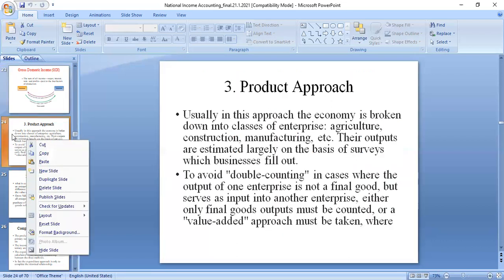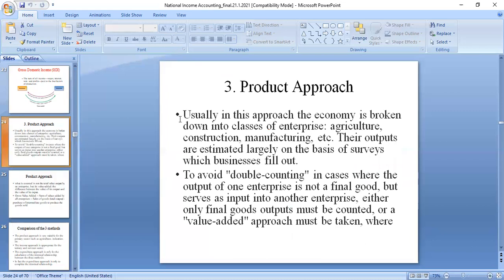And then we have the final method, the last method, which is the product approach of measuring national income, or what we call the value added approach. Now, with the value added approach, we saw what value added means.